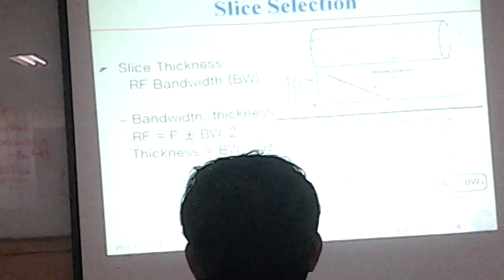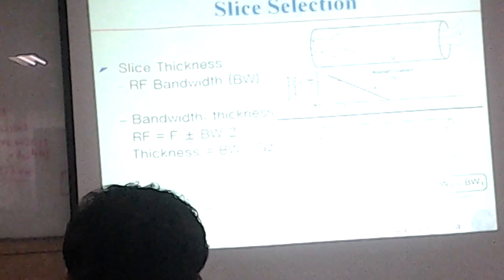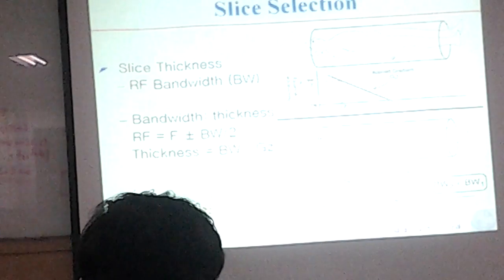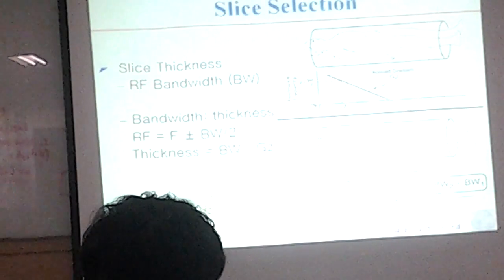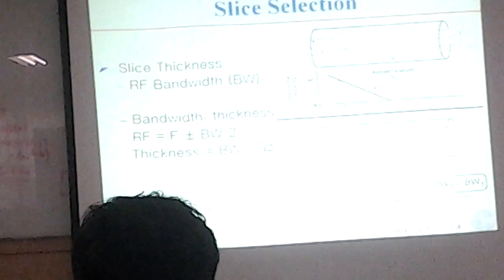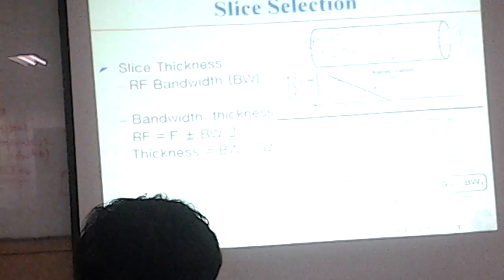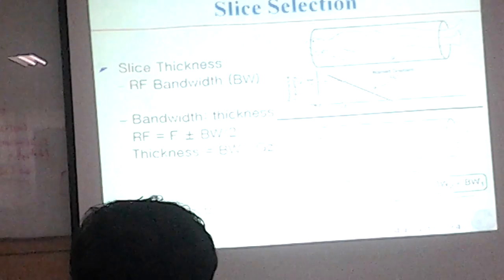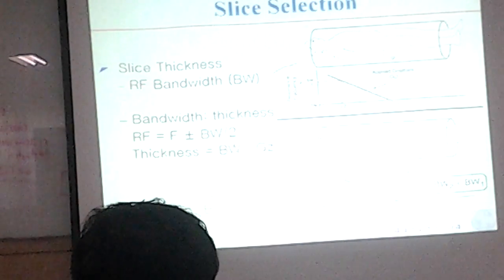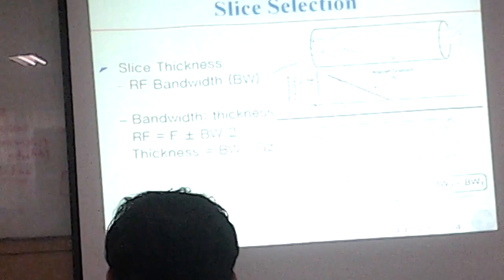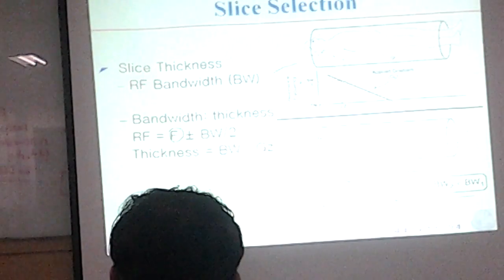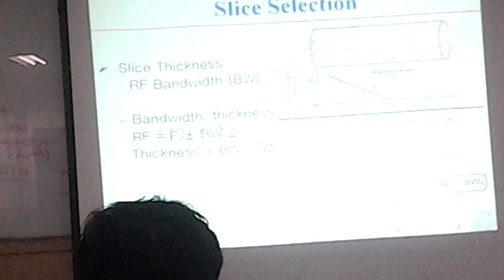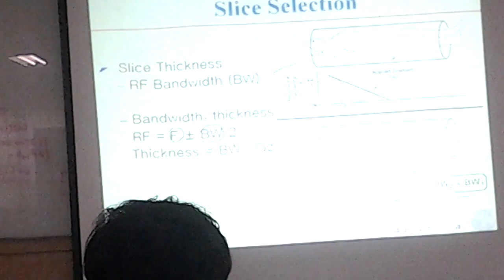So this slide shows how we can control the slice position and thickness. As I said, the center frequency of the RF pulse and the bandwidth, which is the RF frequency range.